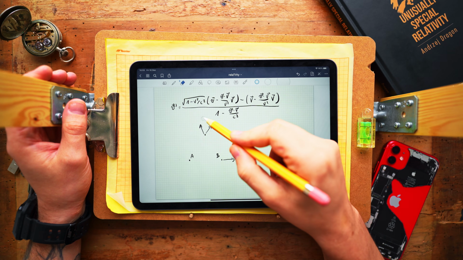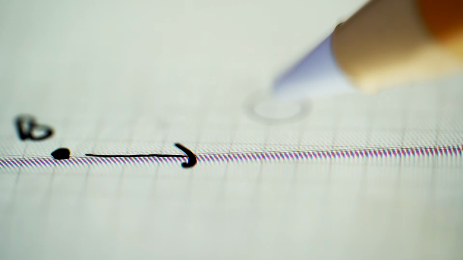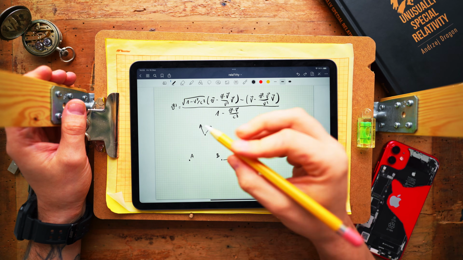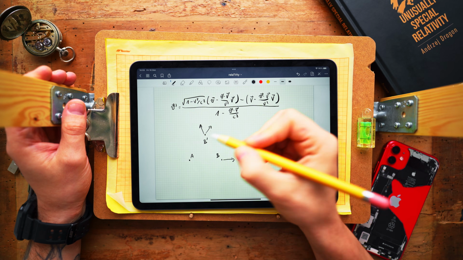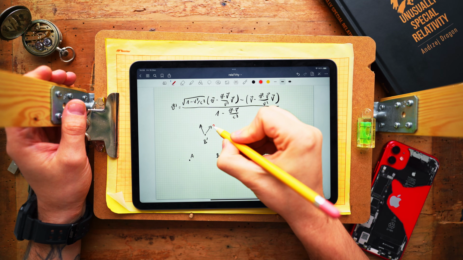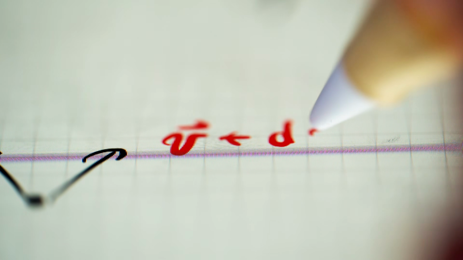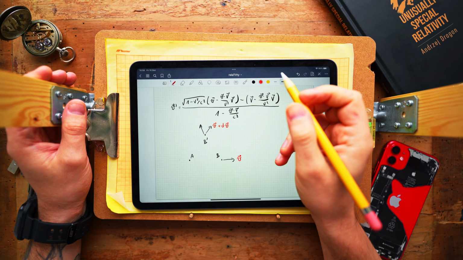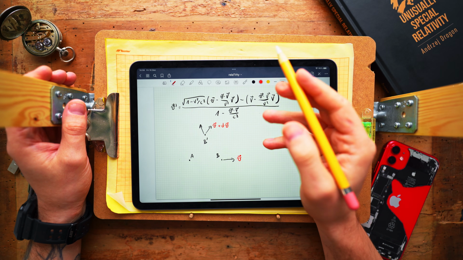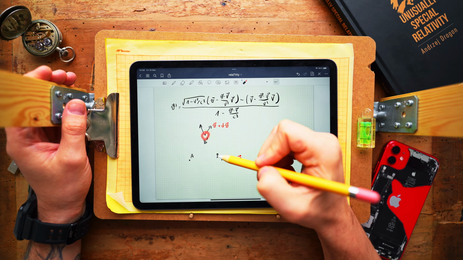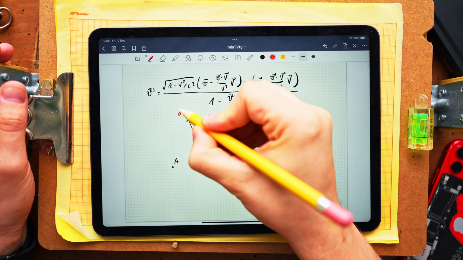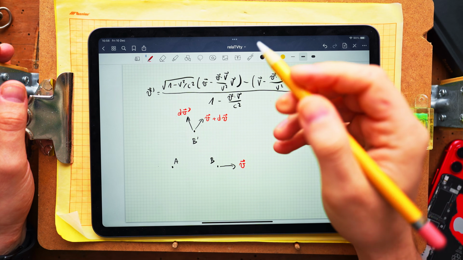And we will consider a slightly different scenario in which B is moving with a constant velocity small v relative to Alice, and then suddenly it changes that velocity by an infinitesimal amount, and that new frame of reference we will denote as B prime. So that instead of moving with velocity v, it will move with some new velocity v plus dv. And that new frame of reference B prime will move relative to B with some infinitesimal velocity that we'll denote with dv prime.